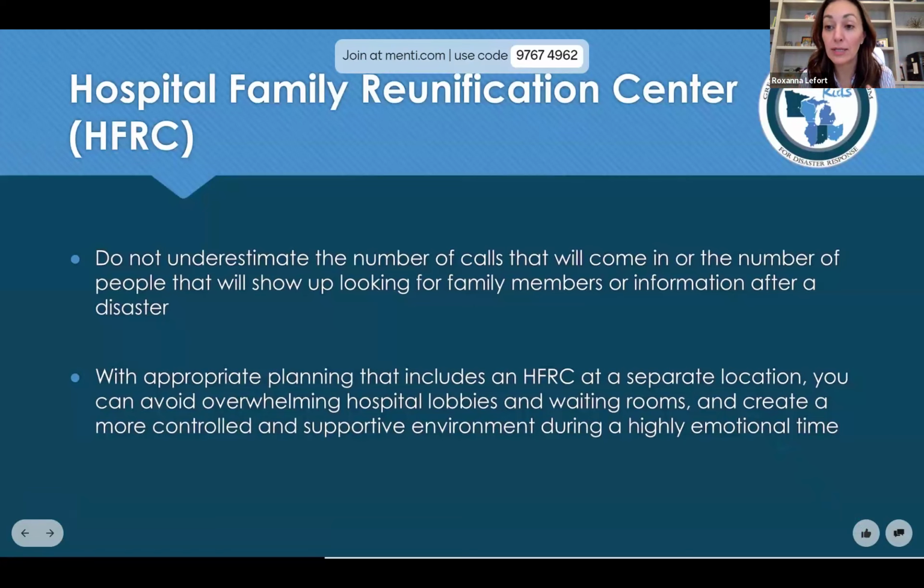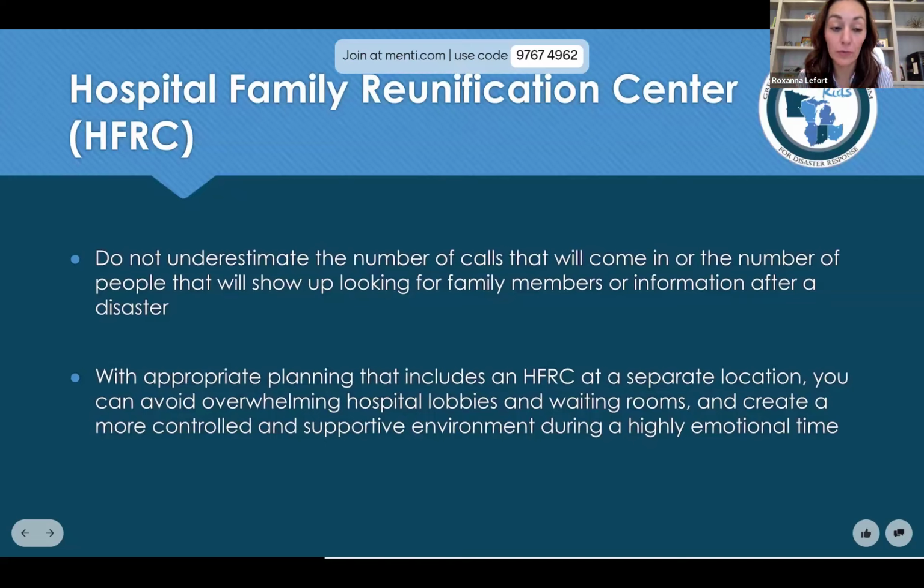If you work in hospitals and emergency departments, even with small mass casualty incidents, like a van accident or a bus accident, things that don't include huge numbers of patients, a lot of times you will see huge numbers of people just looking for information, trying to get information on potential family members that might be there, whether they know that they're there or not.